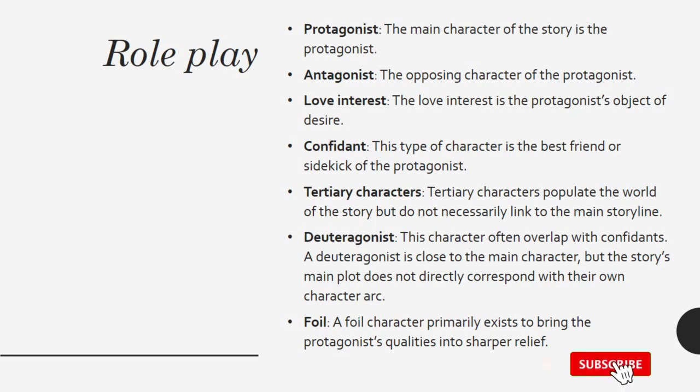The next character that we will look at is the deuteragonist. The deuteragonist type of character is a character that moves closely with the protagonist. It usually overlaps with that of confidant, because they basically share the same characteristics. But with the deuteragonist, the main plot does not directly correspond to its character traits or character arc.